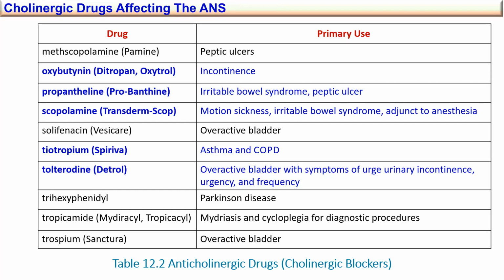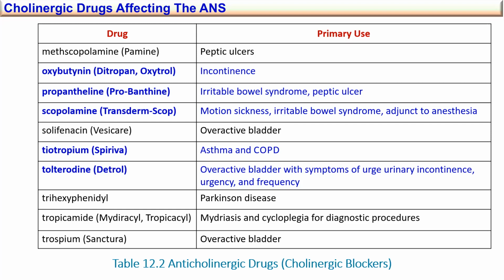The first one is that whereas therapeutic doses of atropine produce mild CNS excitation, therapeutic doses of scopolamine produce sedation. The second exception is that scopolamine suppresses emesis, the tendency to vomit, and motion sickness, whereas atropine doesn't.